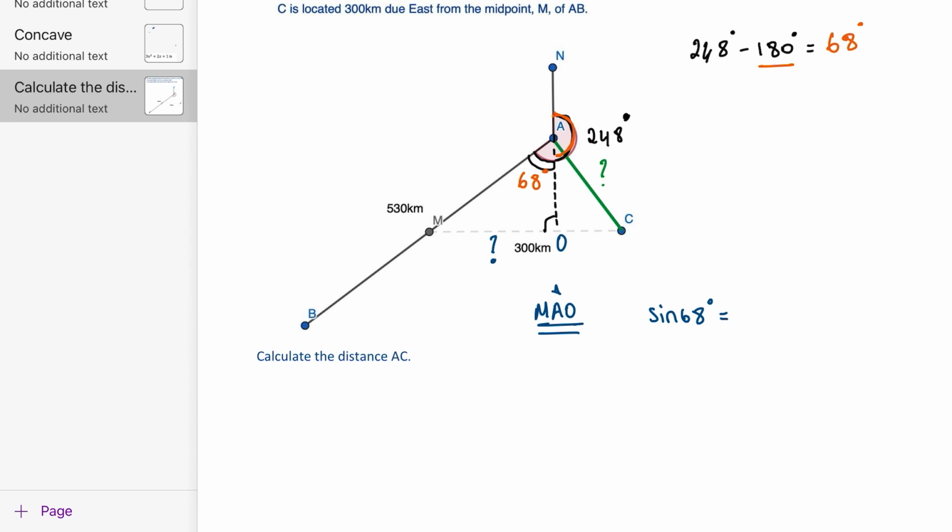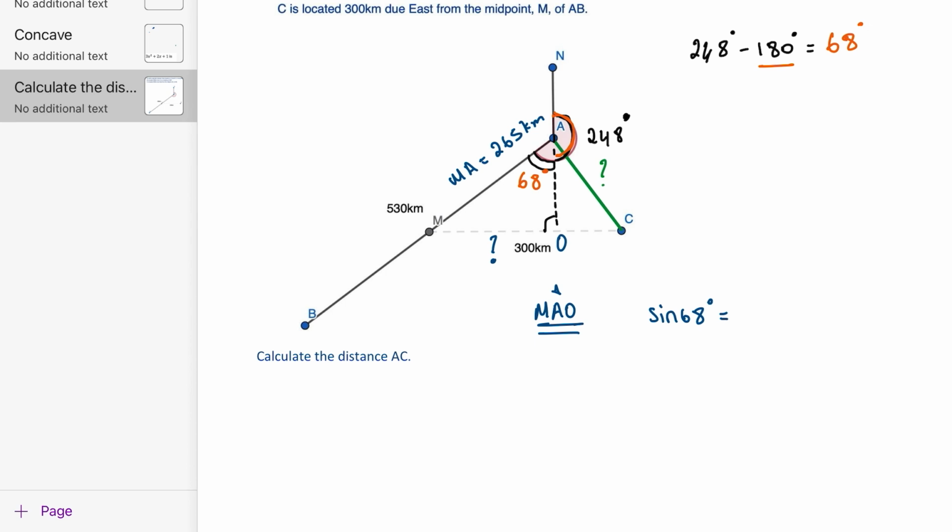The sine is opposite over hypotenuse, and I know that the hypotenuse is MA, which is half of 530 kilometers, because M is the midpoint. So half of 530 will give me 265 kilometers.